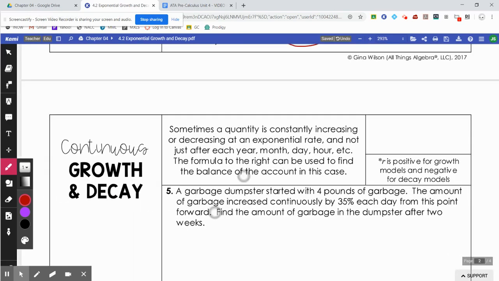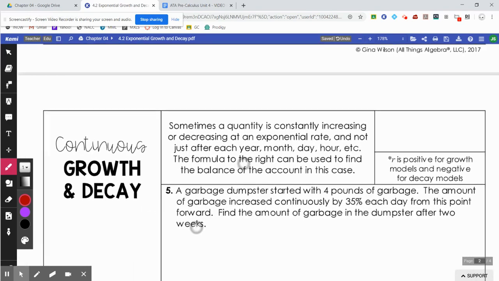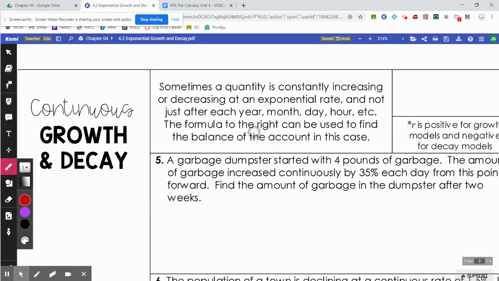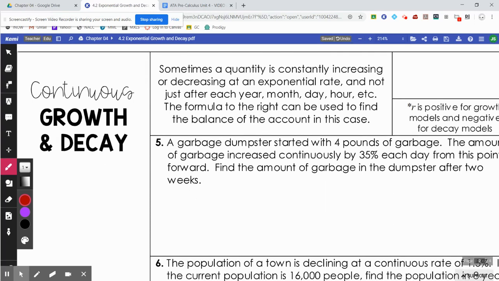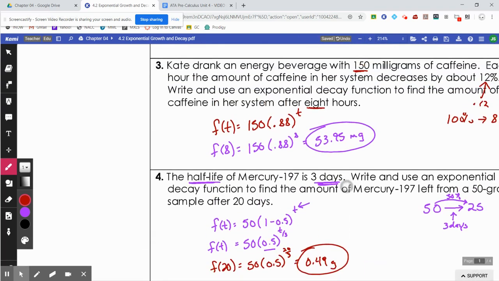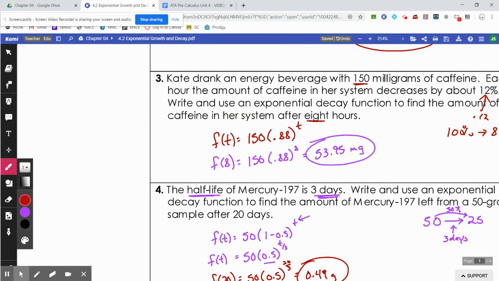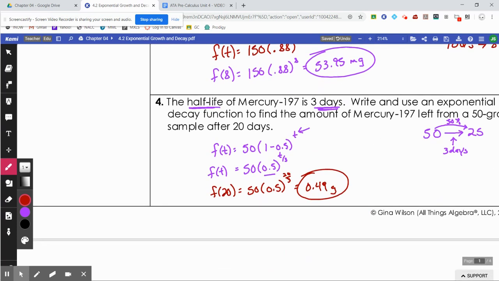Okay, next up, let's talk about continuous growth. Now, here comes that number that we were talking about that I said appears a lot. It says sometimes a quantity is constantly increasing or decreasing. Now, our previous examples, this was increasing or decreasing yearly. It's growing by 12% a year, or decreasing by 10% a year, or whatever, or halving every 3 days.